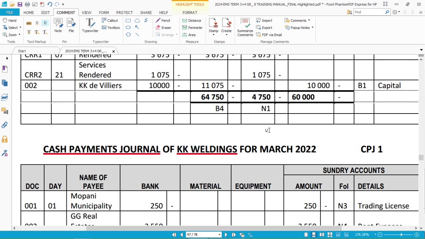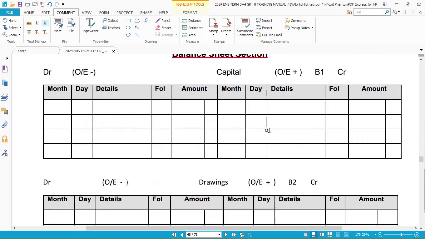Okay, so my first T account is capital, and by all means you are given a lot of information here. Information you're not supposed to be given, but you're given a lot of information. Can you see here it's written OE, which stands for owner's equity, and it's already telling you that this capital account is going to increase on the credit side, right?